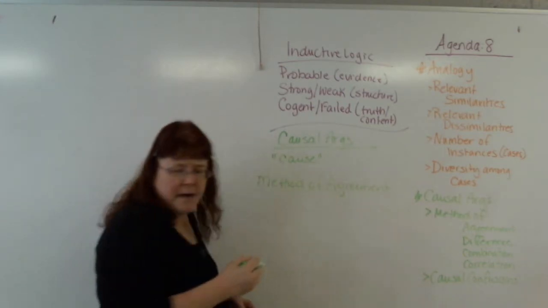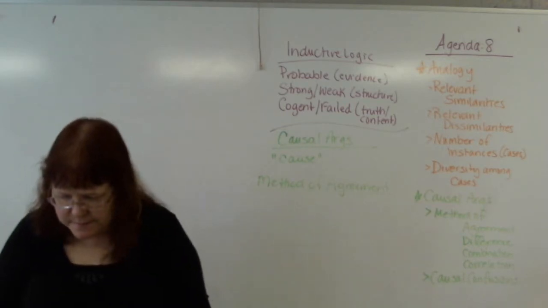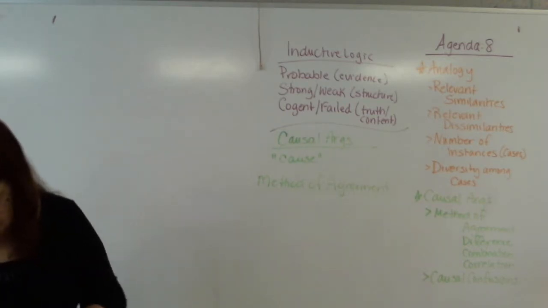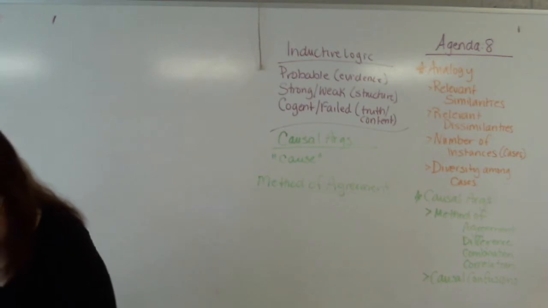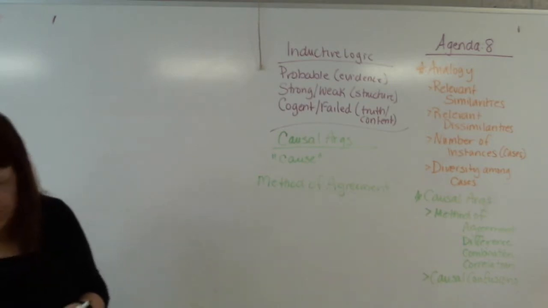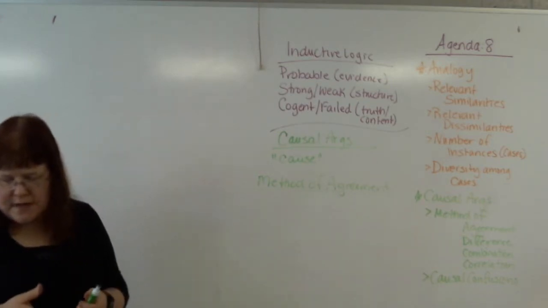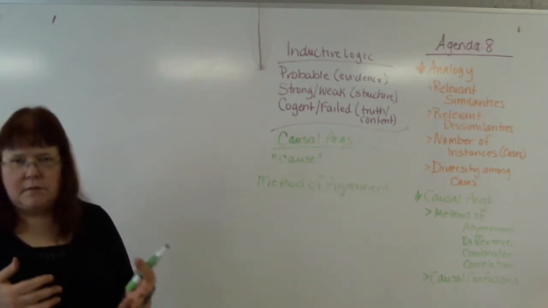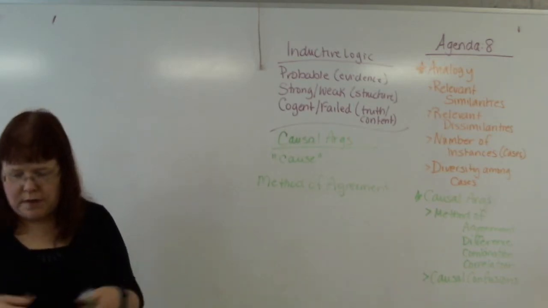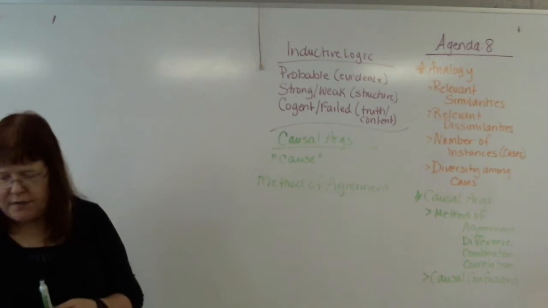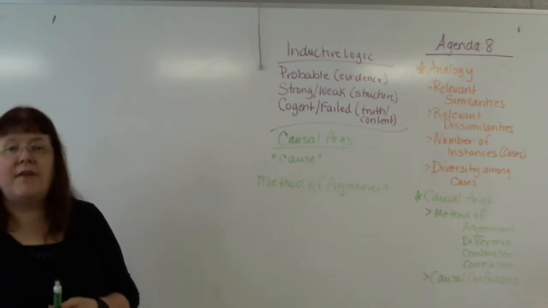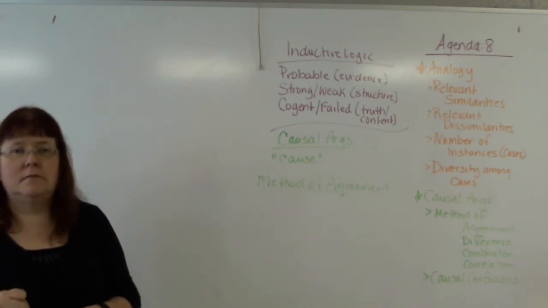The method of agreement basically says, and I need to turn the page here, if two or more occurrences of a phenomenon, state of affairs, whatever, have only one relevant factor in common, that factor must be the cause.